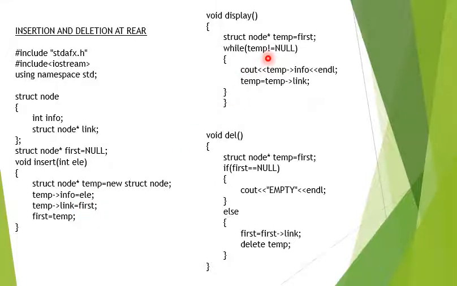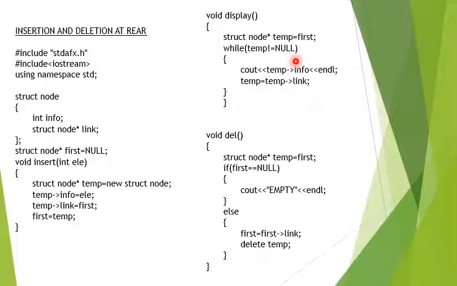If you want to display the elements which have been inserted at the rear end, you can use another temporary variable, assign it to first, and then check while temp is not equal to NULL.